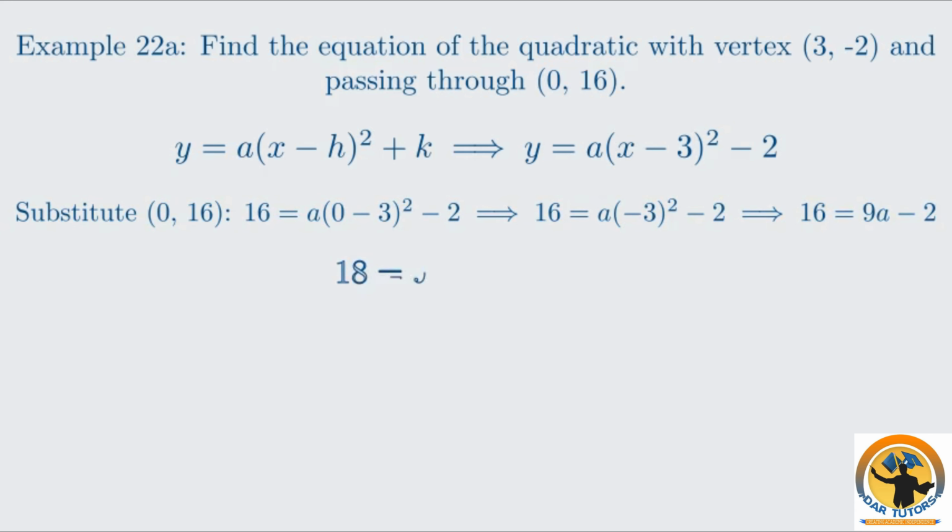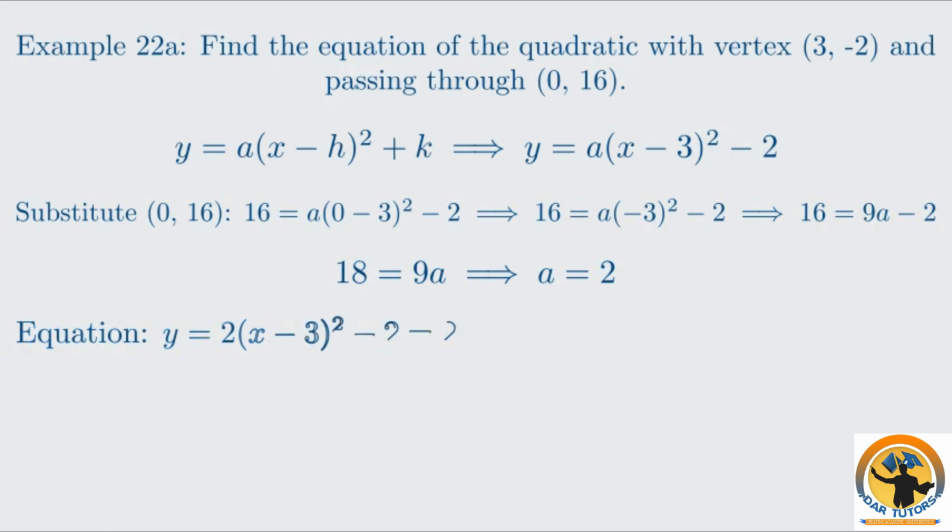Adding 2 to both sides gives 18 equals 9a, so a equals 2. Now we have the full equation. The quadratic function is y equals 2 times the quantity x minus 3 squared minus 2. We can expand this to the general form, y equals 2x squared minus 12x plus 16.